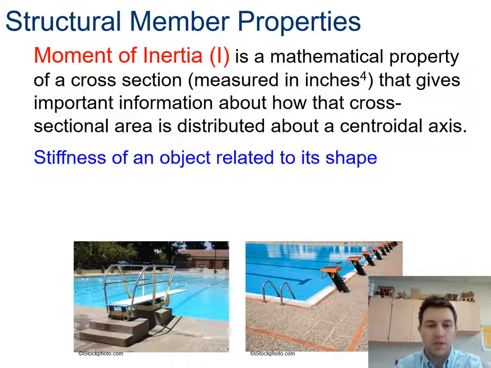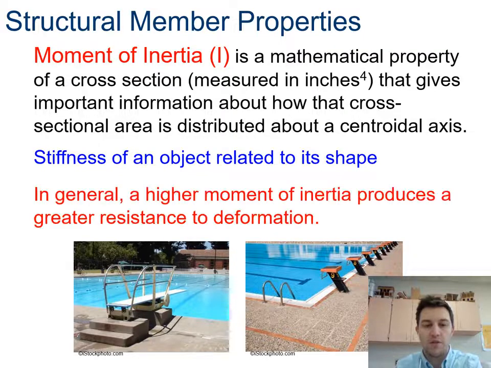Depending on how my object is shaped, that tells me how stiff it is. The higher the number that you get from a moment of inertia, the greater the resistance to deformation, or the higher the stiffness. So higher the number, higher the stiffness.